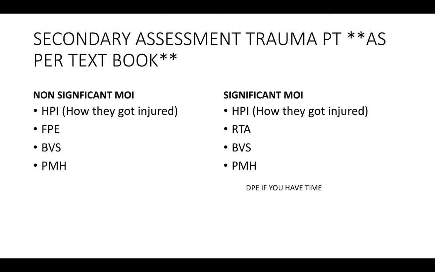So that's for your non-significant MOI. But look at your significant MOI. It's the same thing. We're still going to HPI. Significant MOI doesn't always mean they're unresponsive, right? We're not doing unresponsive, responsive here. We're doing, is the MOI bad or is it okay? Well, the significant MOI is bad. So I'm going to try to get how they got injured by asking the patient or the bystanders or by looking at the scene.